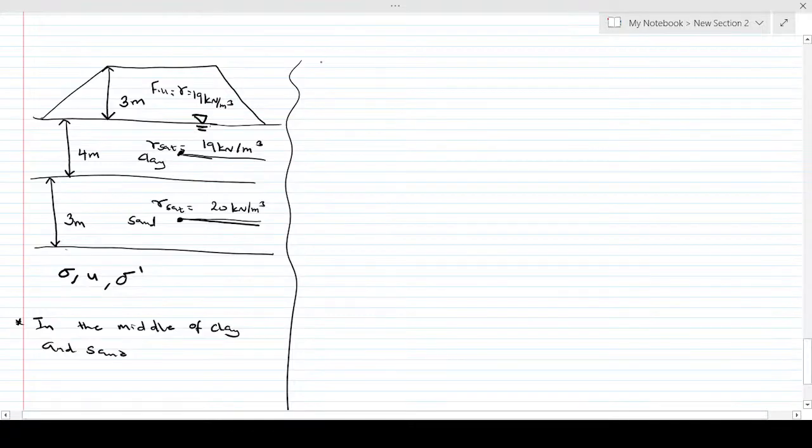But we have certain conditions. The first condition says that we find these parameters before construction of the embankments.